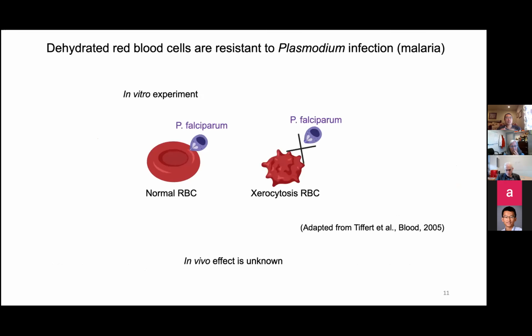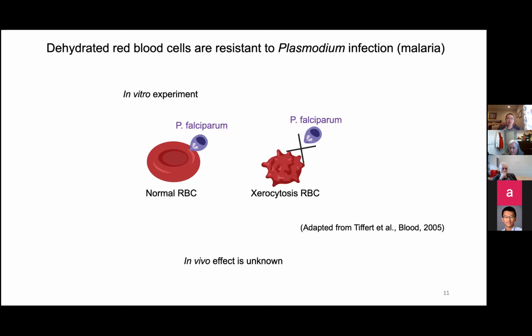In addition to studying the xerocytosis disease mechanism, I also used this animal model to explore a very unexpected and interesting relationship between infectious disease and red blood cell disorders. From some interesting old literature, we know that xerocytosis dehydrated red blood cells are highly resistant to infection by Plasmodium, which causes human malaria.